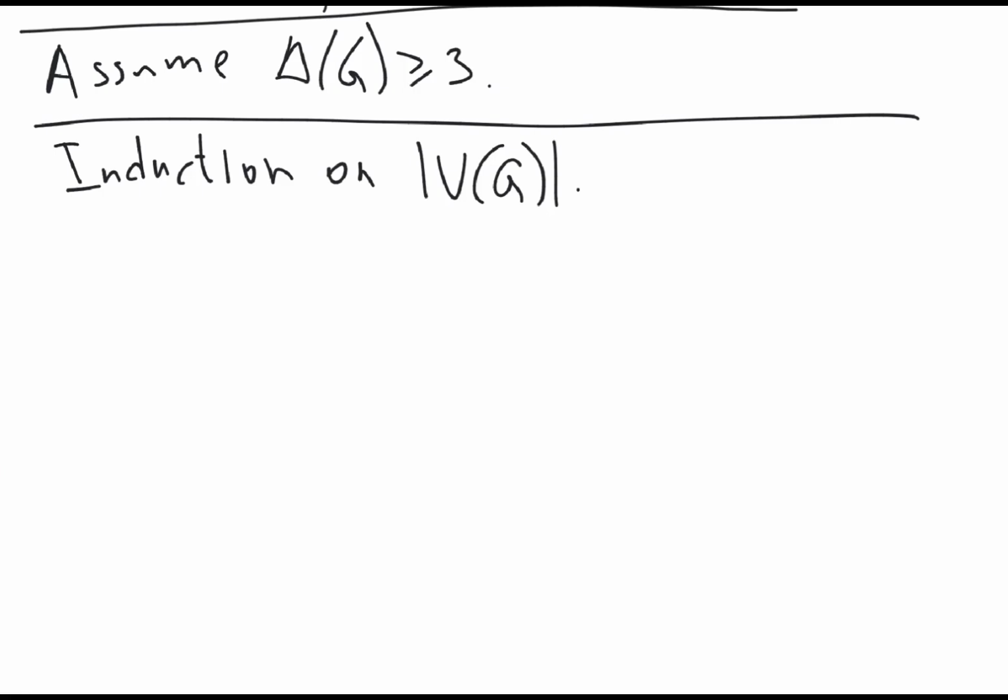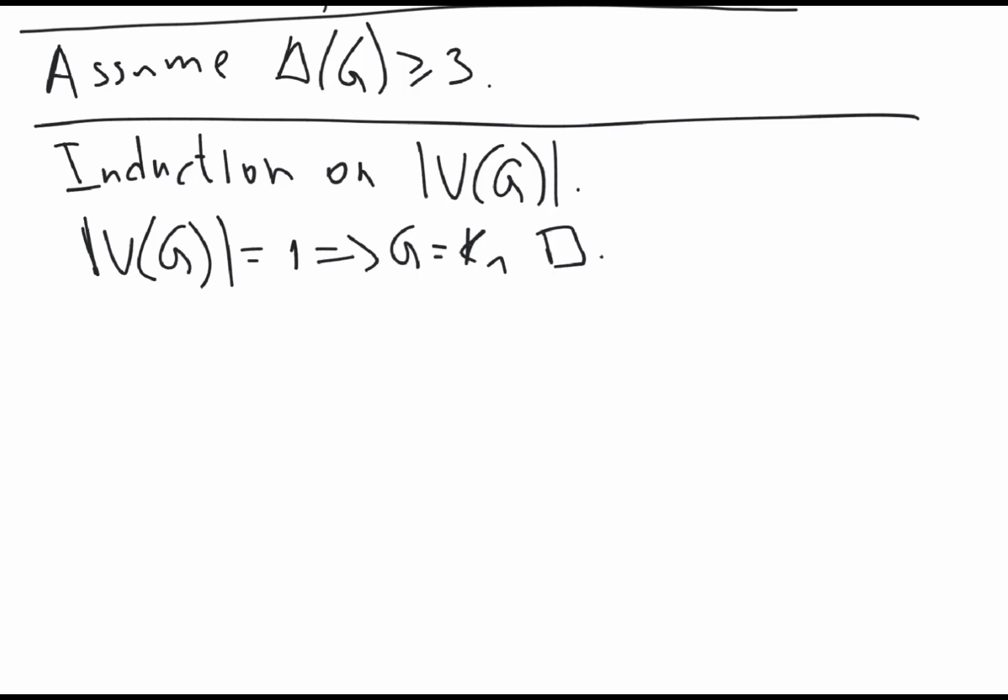So the base of induction, when there is only one vertex in the graph, G is equal to K1, and the theorem trivially holds.